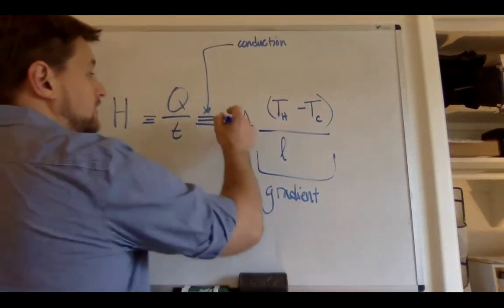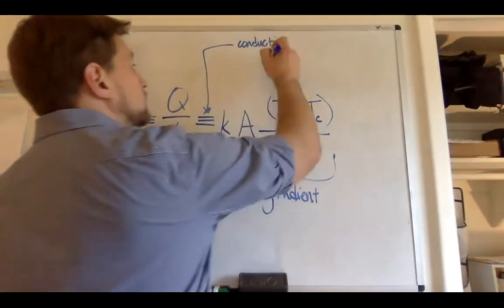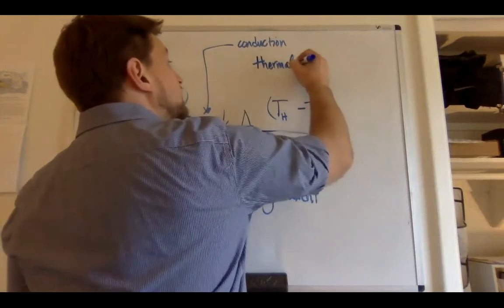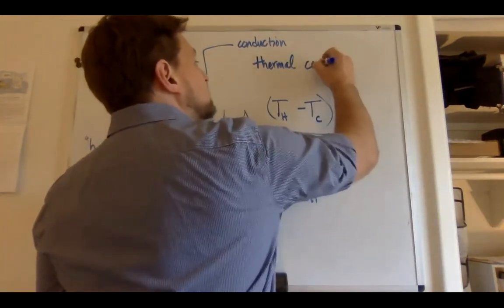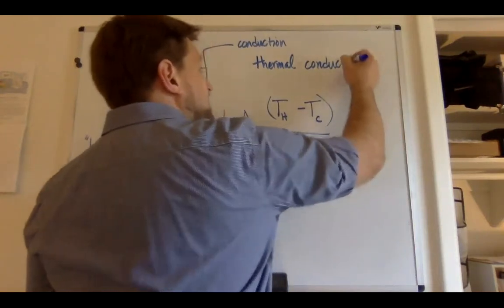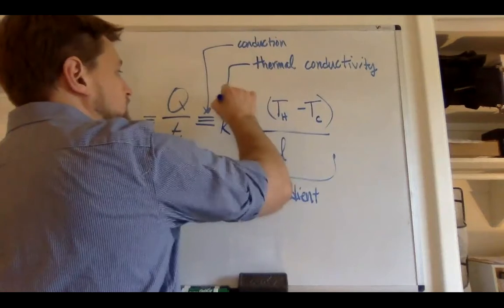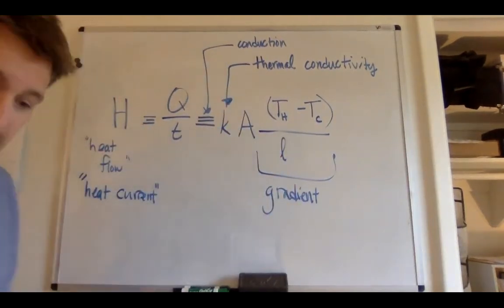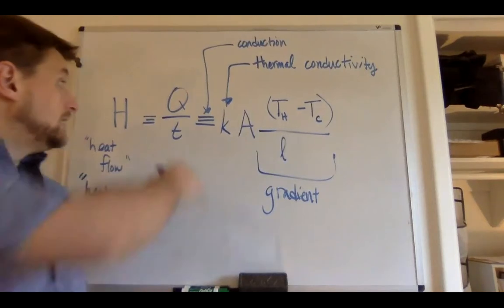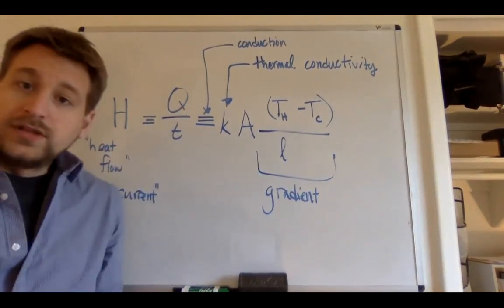And the last piece is a parameter K that has to do with how good a job a particular material is at transmitting heat by conduction. So that's a constant that depends on the material that we're trying to move the heat through, and then we can look that up in a table.